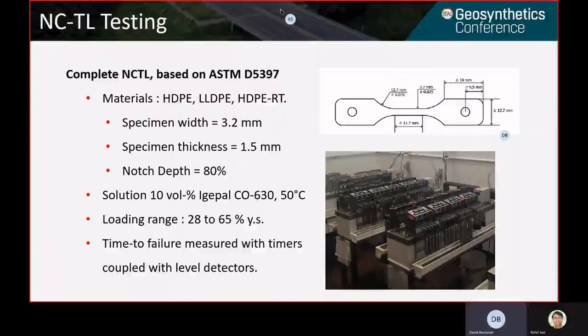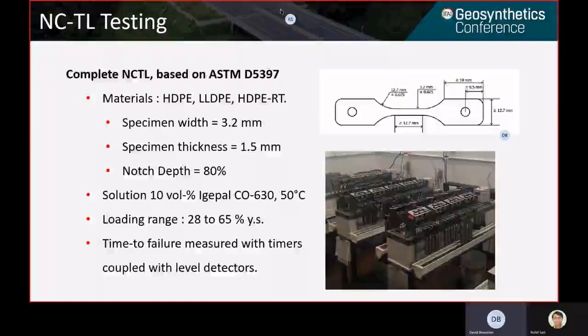The objective herein is to determine a complete NCTL curve, and this consists of testing the material under different loads, on a wide load range, from 28% to 65% of the yield strength.